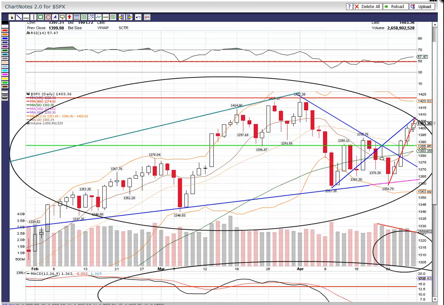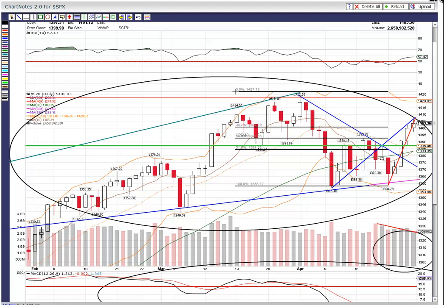But if you take a look at this inside this circle here, as we come back down, let's just take a look at the retrace on this, and that'll give us an idea. What we want to do is look at the golden retrace of this range right here, all the way up to the 1420, and there you see it.